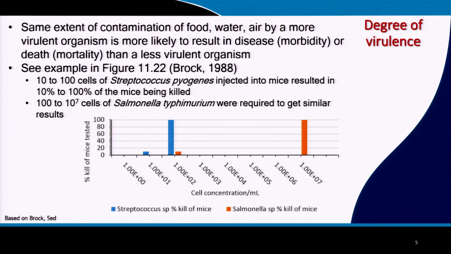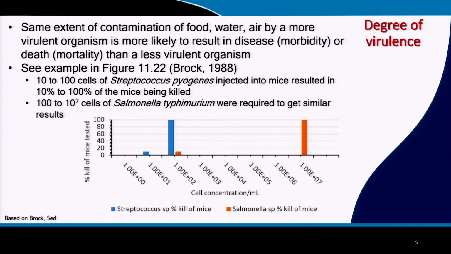So if you're wondering what that means, let's take a look at an example. If we want to look at the degree of virulence, you can refer to figure 11.2 in Brock's textbook. This is an old one. And I've taken some of the data and redrawn the graph over here.